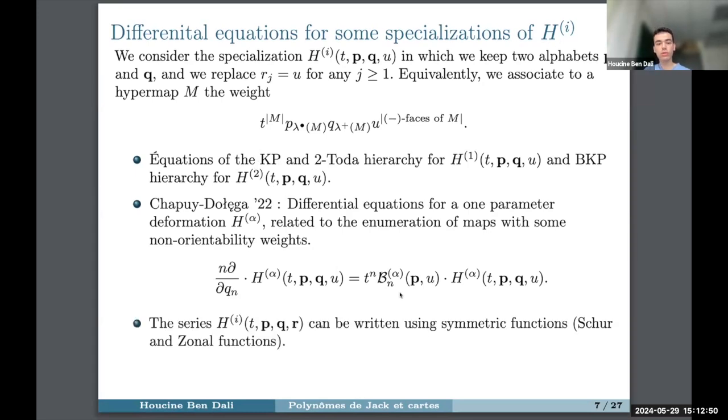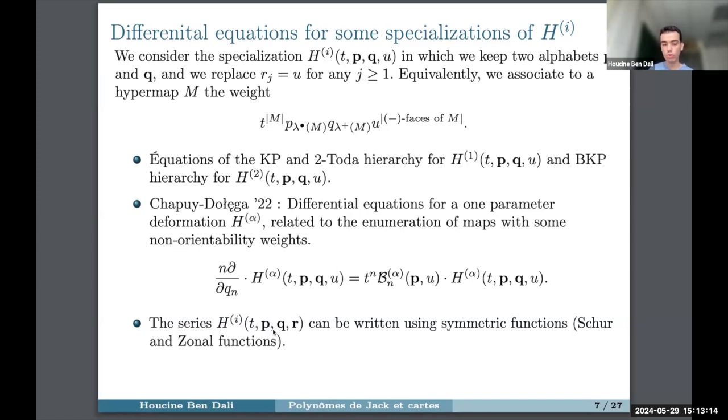So the question now: we understand pretty well this specialization of the generating series, but what can we say about the generating series in which we keep the full profile, or the three alphabets P, Q, and R? So there is this known result that this can actually be expressed using symmetric functions.